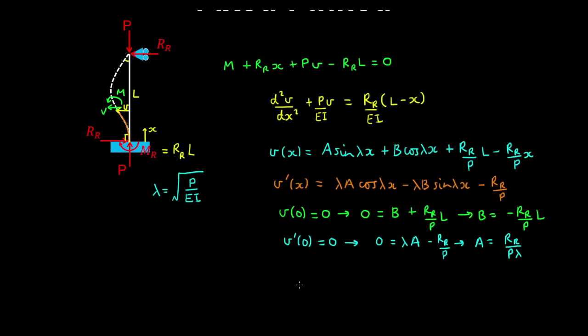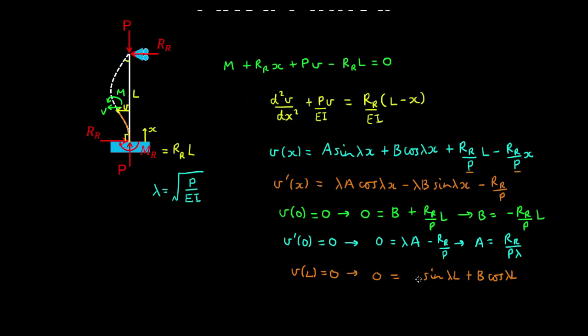And at the roller, which is at x equals L, the displacement is also 0. So what we get is 0 is a sine lambda L plus b cosine lambda L. And here we have R_R on P by L minus R_R on P by L is 0.